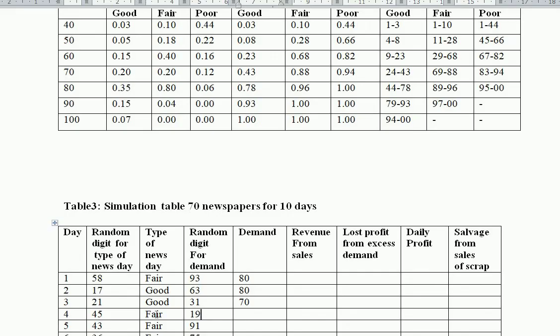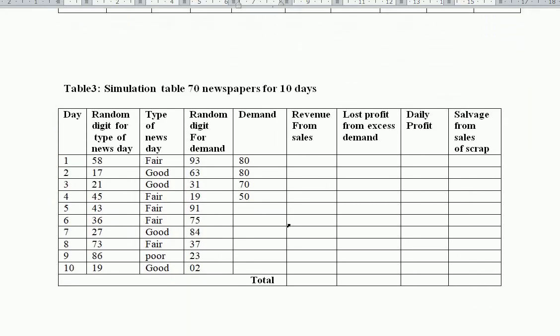Again 19 in a fair table. In the fair column, 19 lies over here, so on that particular day we have a demand of 50. If we go on calculating like this using the table, the next value is 91 in a fair table, and we get 80.